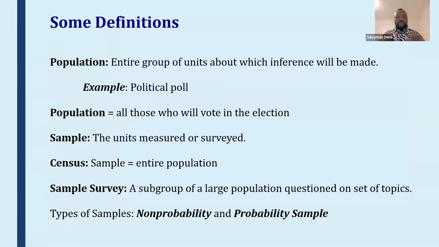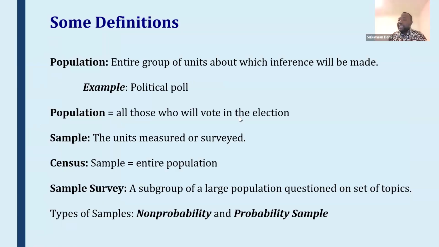Today we are going to discuss what I call sampling, as I mentioned at the beginning. Sampling is very important in research because ideally, if it's possible, you should interview all members of the population.